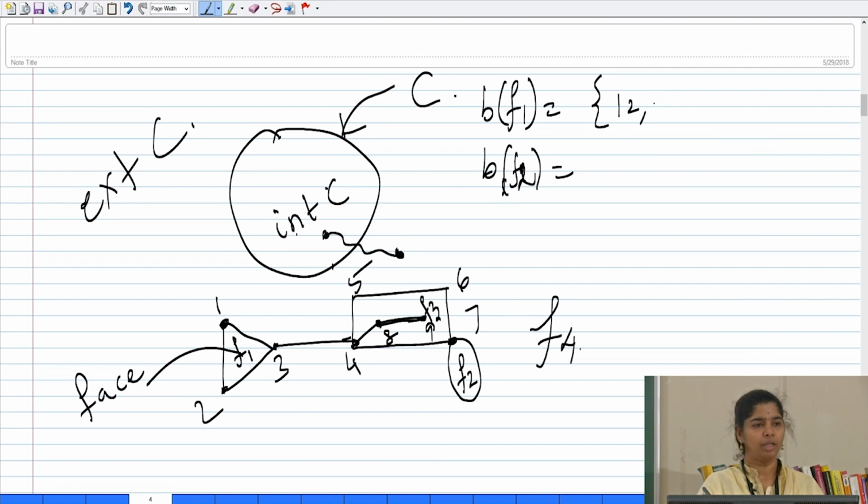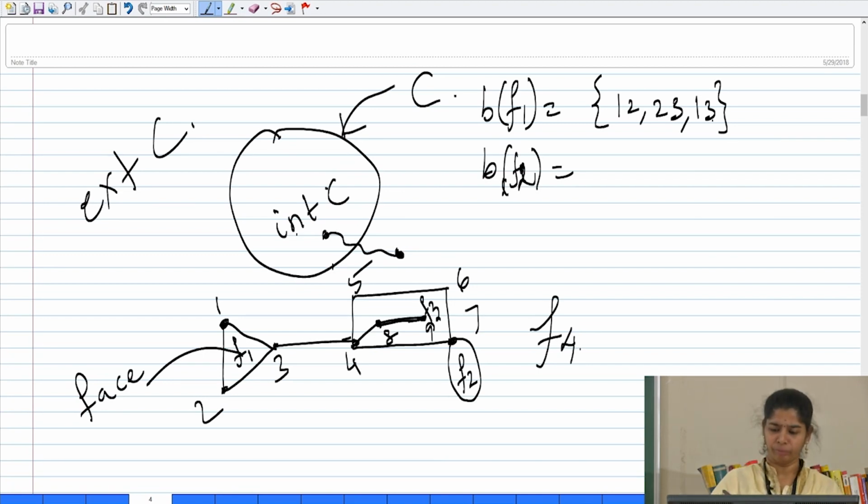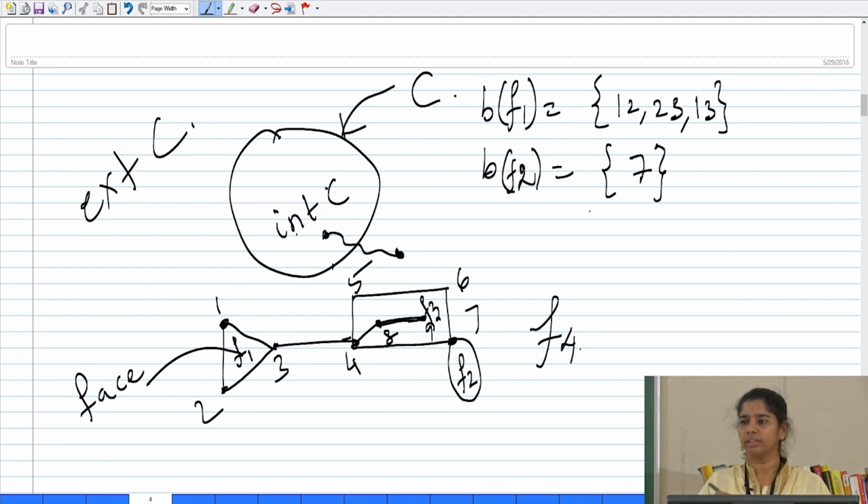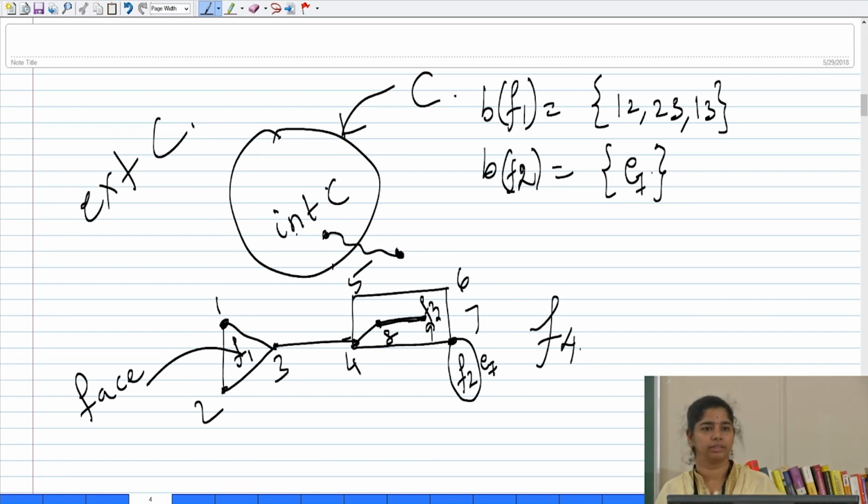The boundaries are 1 2, 2 3 and 1 3 or 3 1. Anyway, we are in an undirected graph. Boundary of F2 is the loop formed by this edge. Actually I should also start labeling the edges. For definiteness, I will call it E7, the loop formed by E7. So, what about F3?